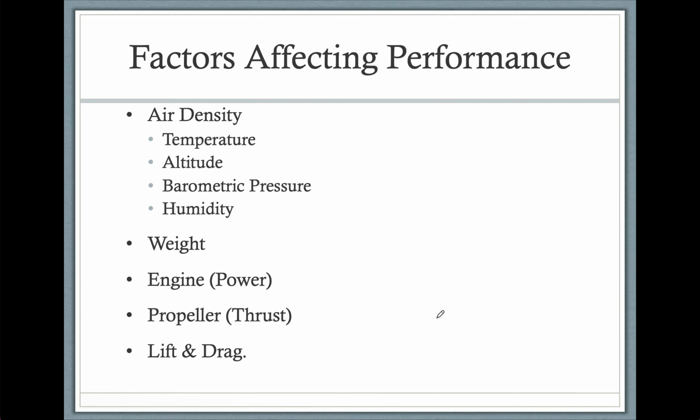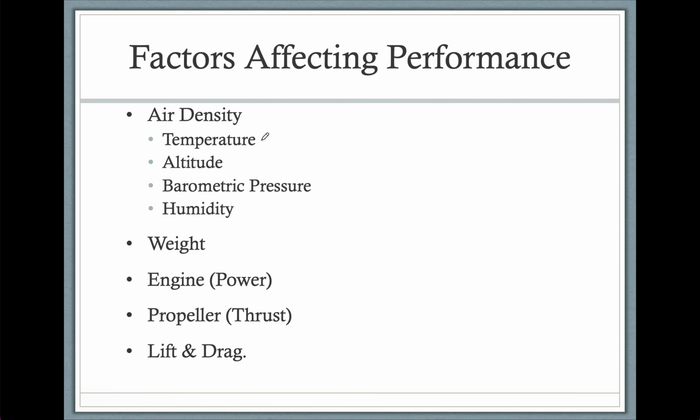When the air becomes less dense, you make less power because the engine's breathing fewer oxygen molecules to mix with fuel molecules to turn into power. And your propeller, which is moving air, is making less thrust because the air is not as dense. Your wings make less lift because there's not as much air flowing over and under them, which means you fly at a higher angle of attack, which means you make more induced drag.